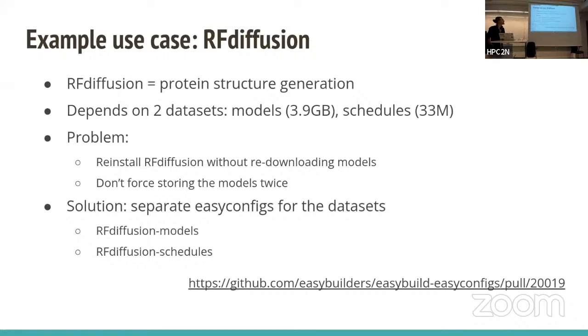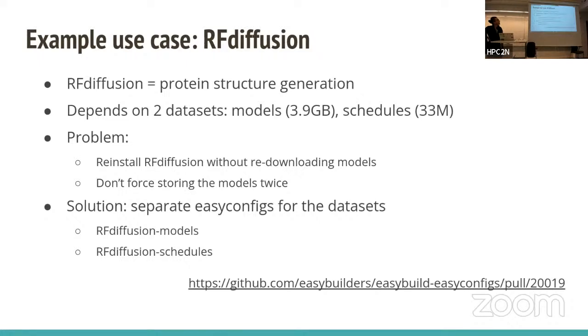So here's the first example use case. This is the one that triggered this story. It was the RF diffusion PR from Thomas, where we had this problem that this software depends on two data sets, the models and the schedules. The models are not really big, but rather big.